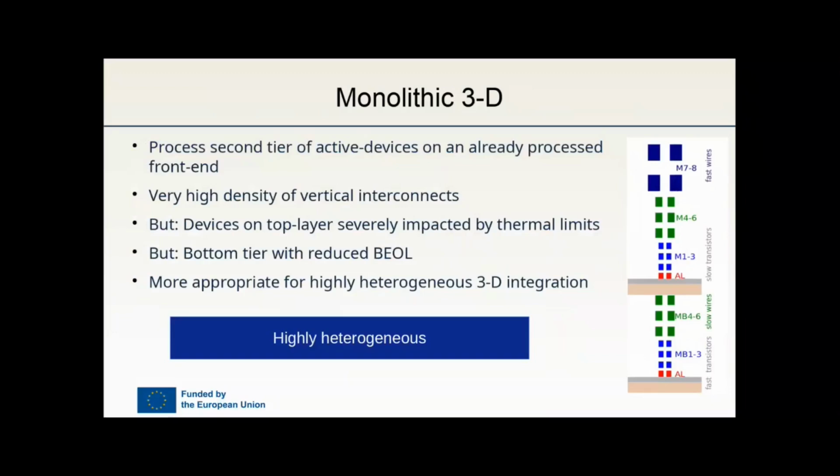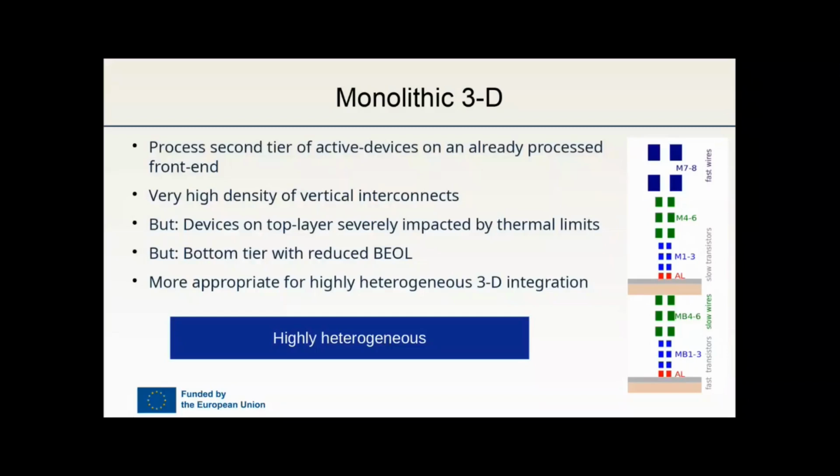If we try to understand a little bit more generally how monolithic 3D works, you will see that fundamentally we are processing one tier here, what we have in the lower part with aluminum in terms of the lower interconnect, MP between 1, 3, and maybe middle interconnect, maybe another three layers.